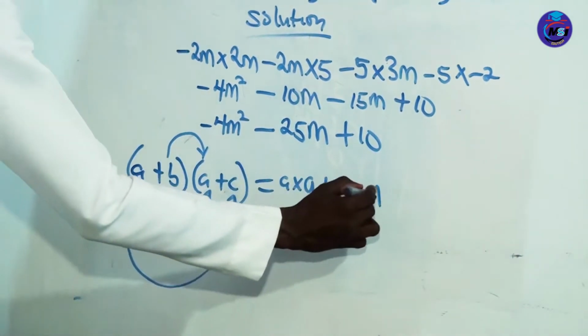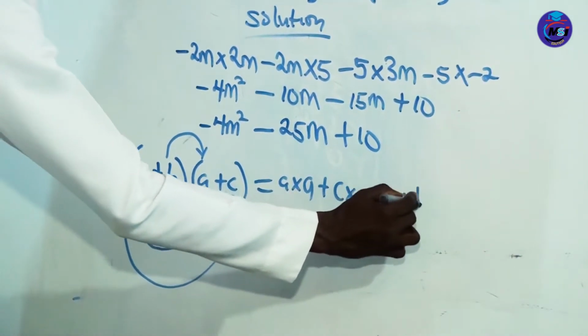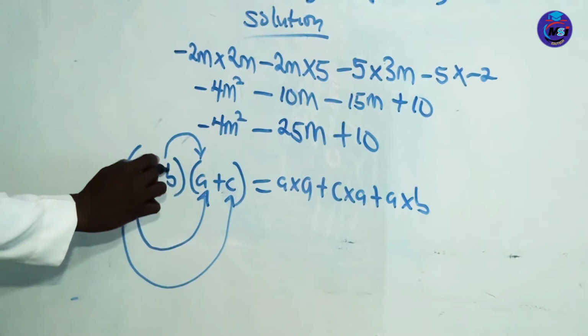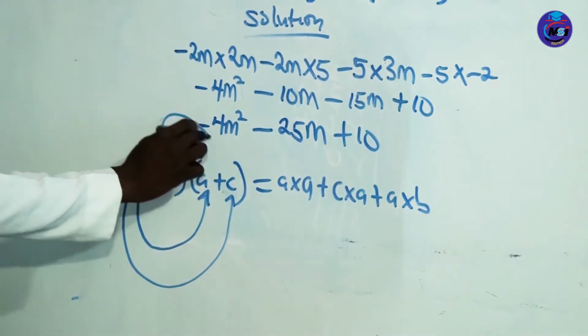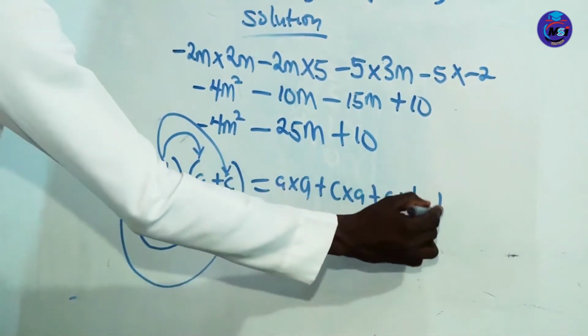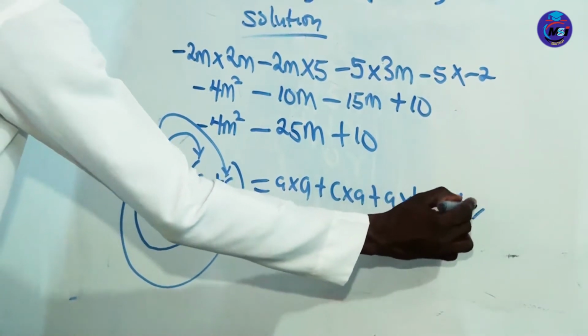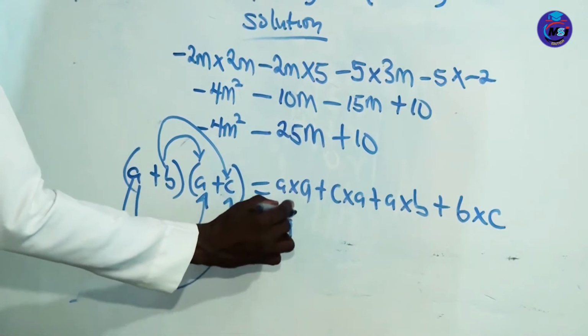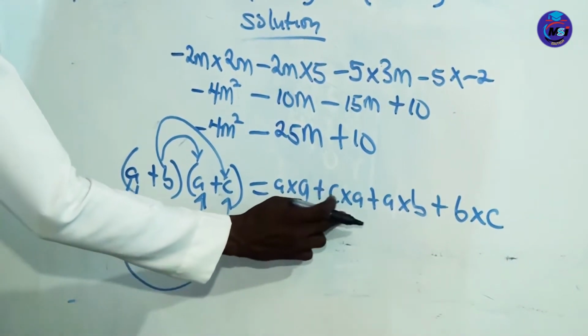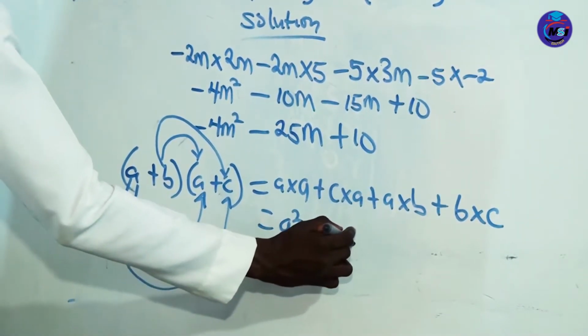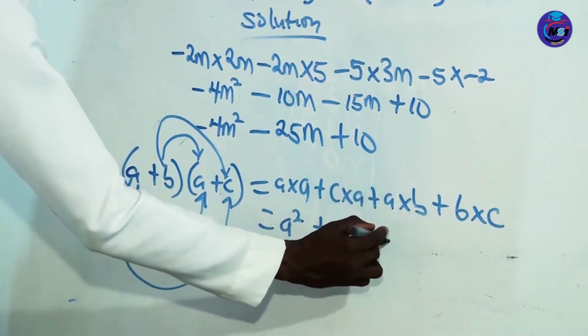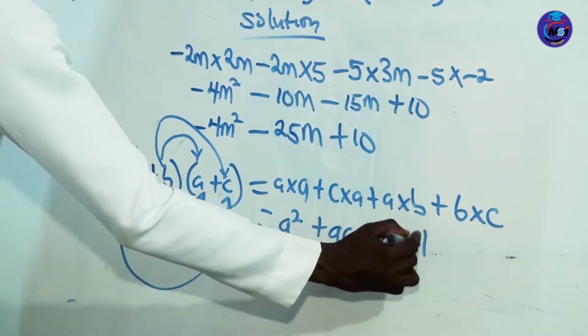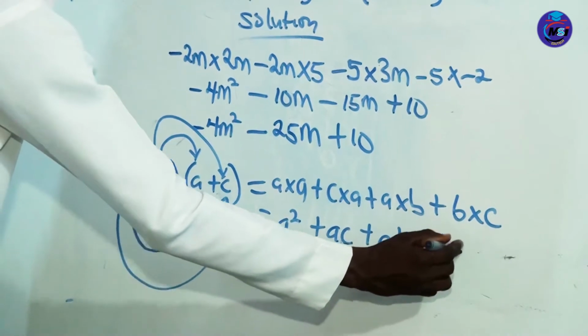We have plus a times b. And this b will also times this c. We have plus b times c. So a times a will give us a square. A times c will give us ac. A times b will give us ab. And b times c will give us bc.